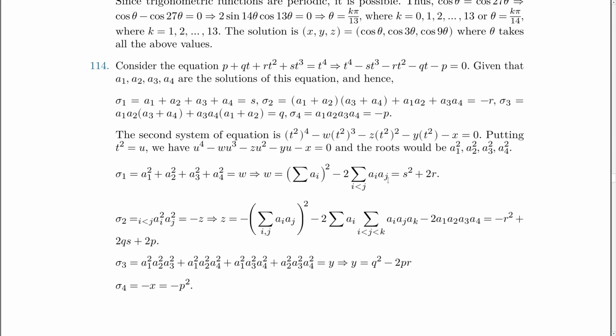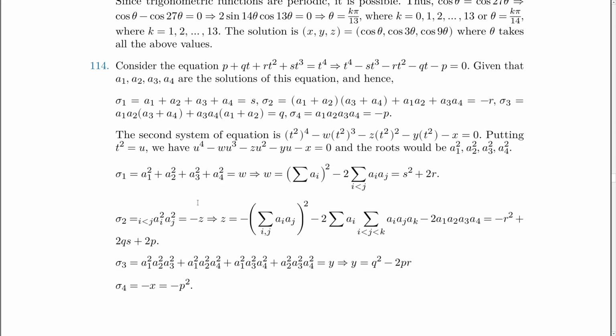So there is a static notation. What this essentially means is A1 plus A2 plus A3 plus A4 whole square minus 2 into A1 A2, A1 A3, A1 A4, A2 A3, A2 A4 and A3 A4. So this becomes equal to S square plus 2R.